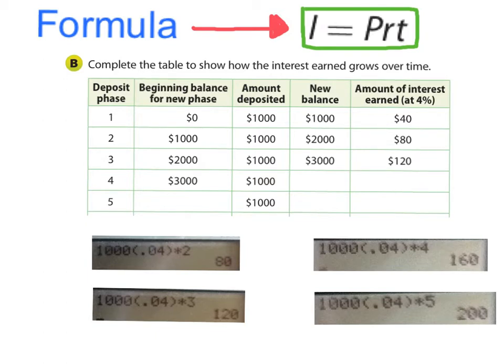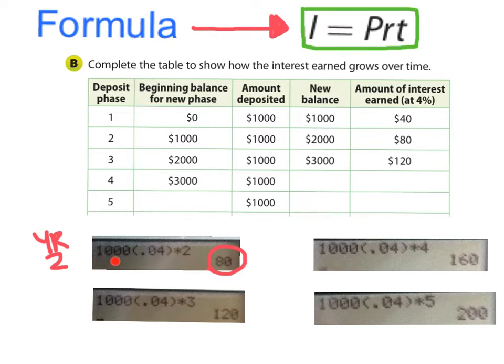So underneath, you can see what I've typed in my calculator just to double check that in year 2, he really did get $80. And if I use the formula, principal, or the original amount, times the interest rate as a decimal, times the number of years, I would get 80.